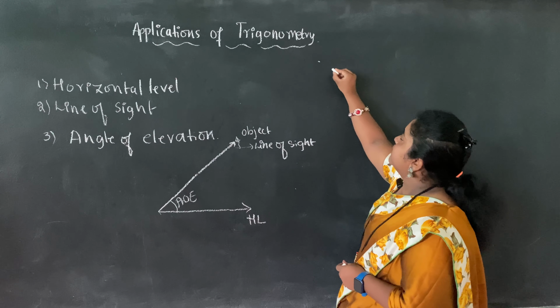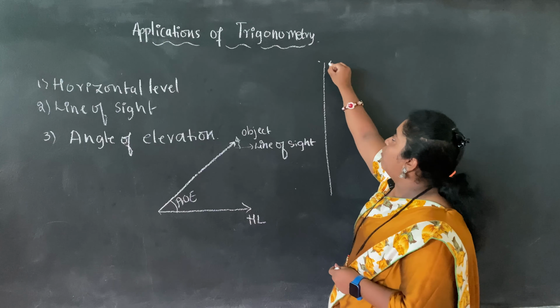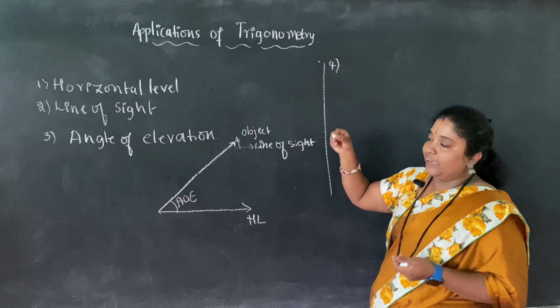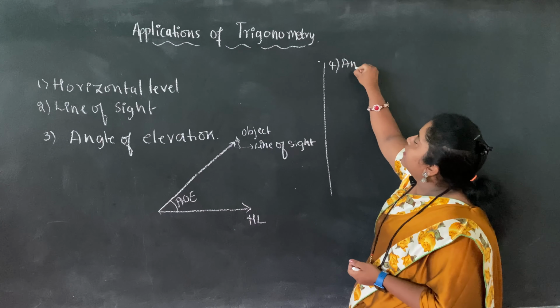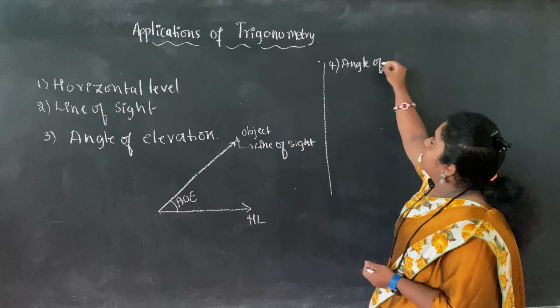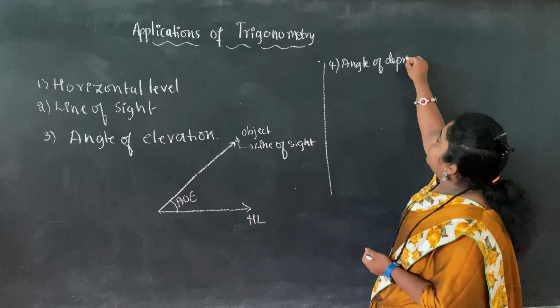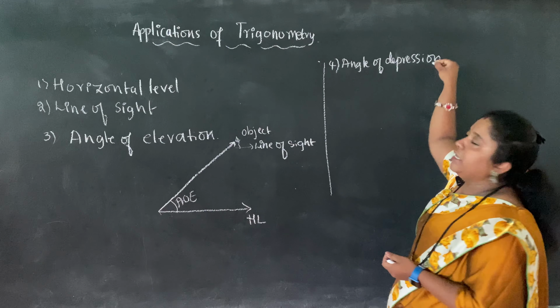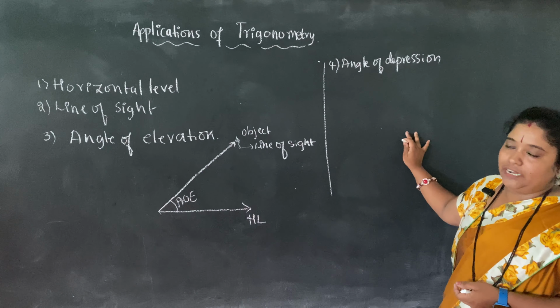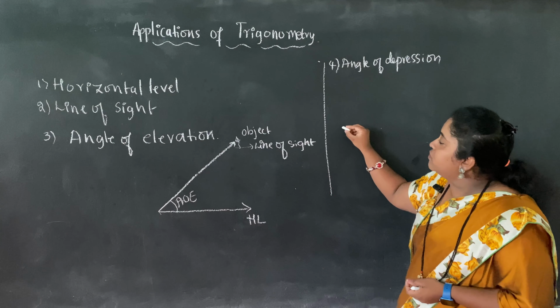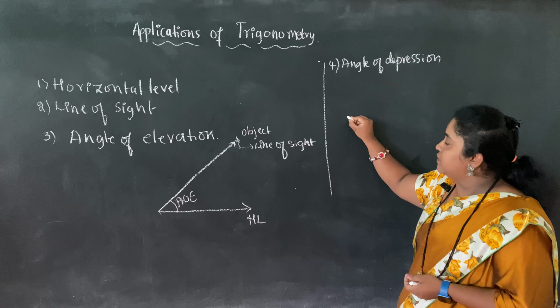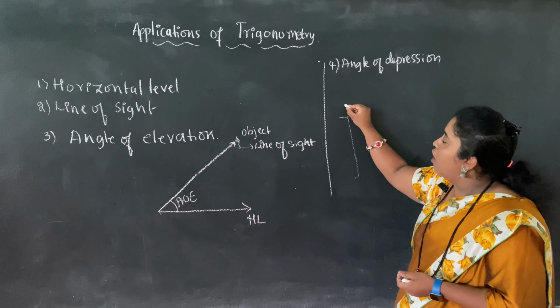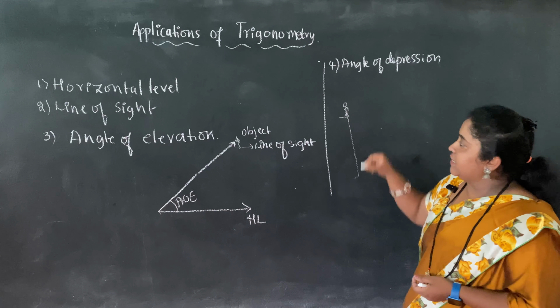Understanding? Now, the second type of angle you should know is the angle of depression. So what actually is meant by the so-called angle of depression? See dear, suppose a person is standing over here, there is a building, and on that building a person is standing.